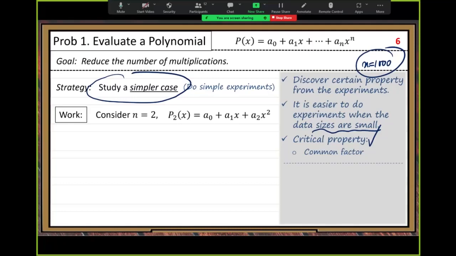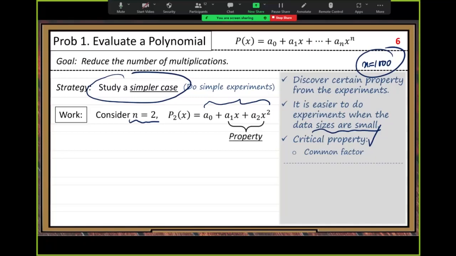Although we want to work on simple, smaller data sizes, we still want to work on something meaningful. That's the reason we choose n equals 2, with 3 terms.